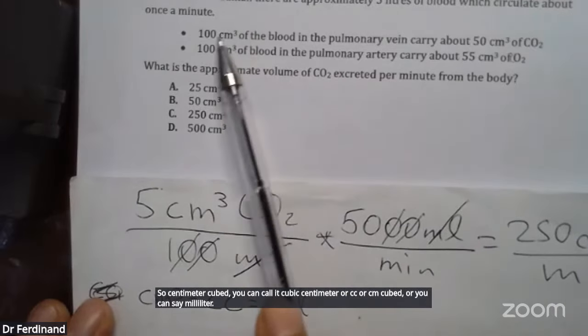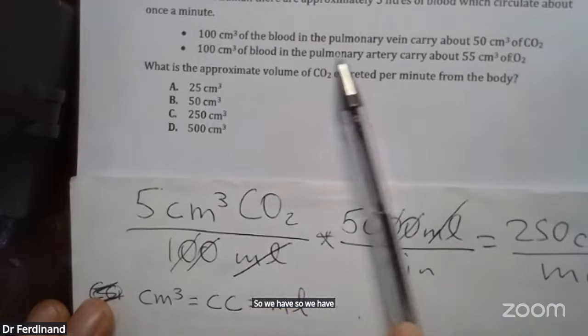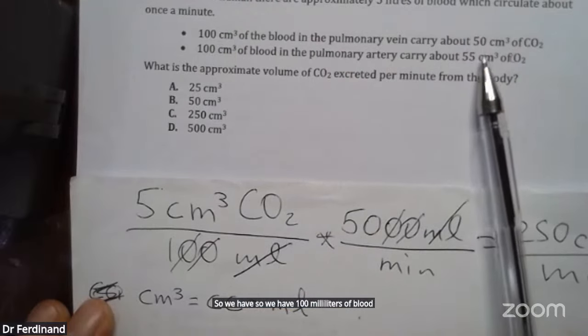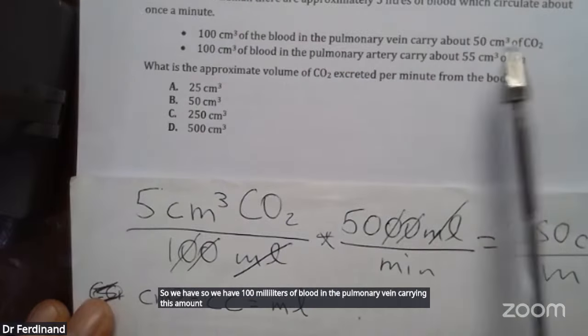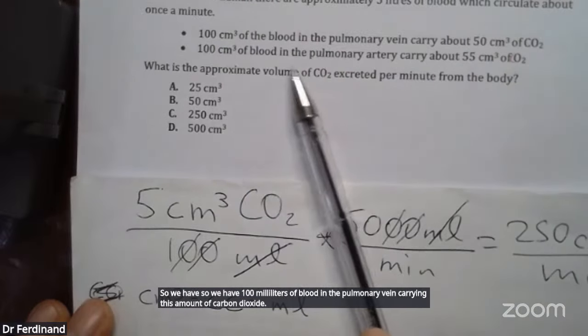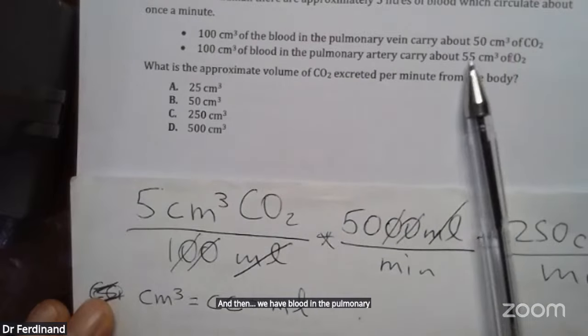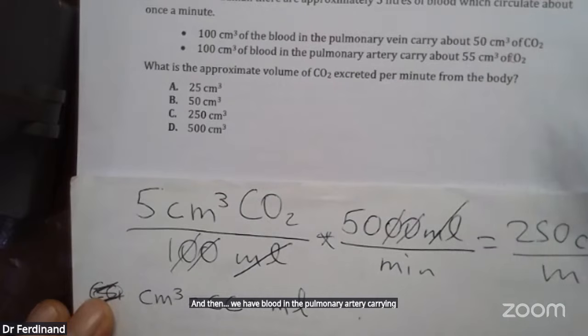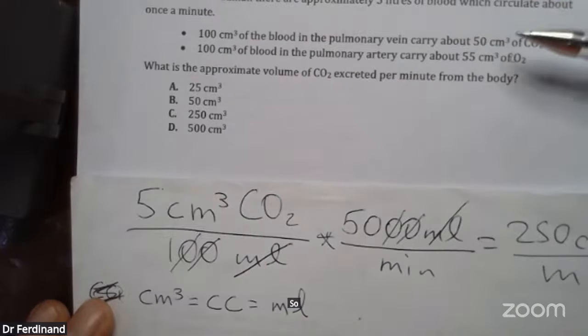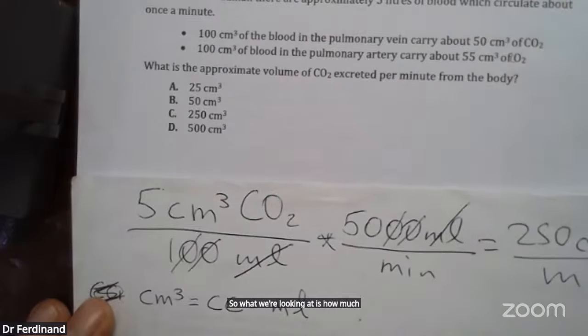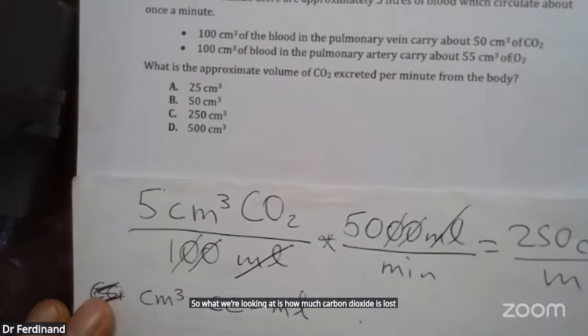So we have 100 milliliters of blood in the pulmonary vein carrying this amount of carbon dioxide, and then we have blood in the pulmonary artery carrying obviously more carbon dioxide. So what we're looking at is how much carbon dioxide is lost from the body or excreted.